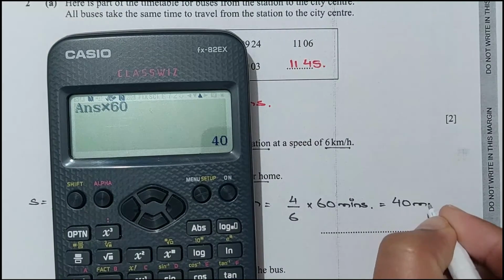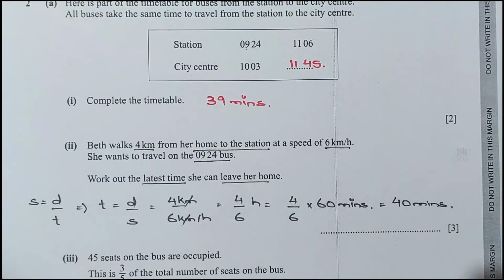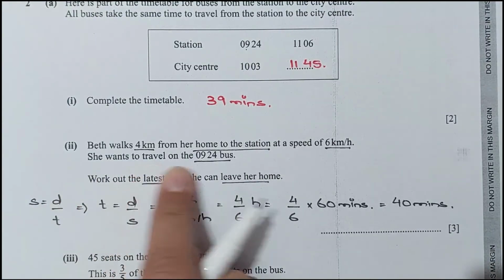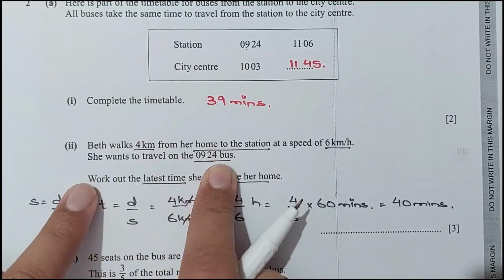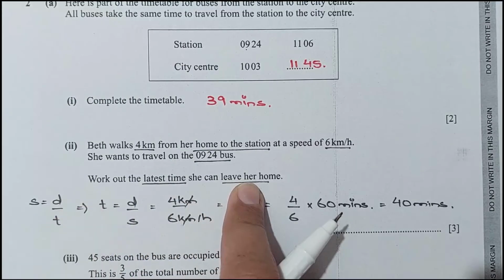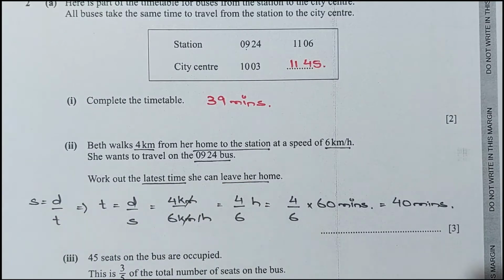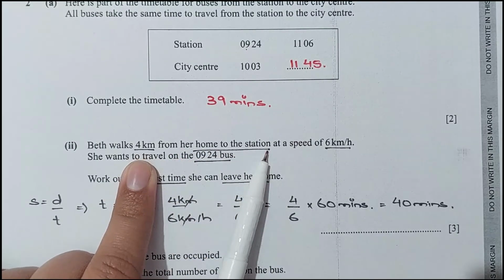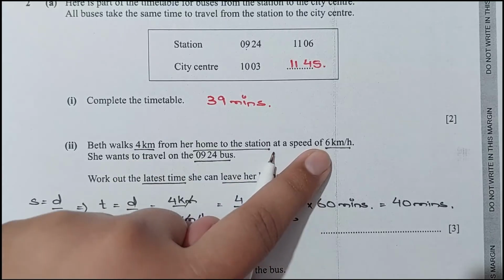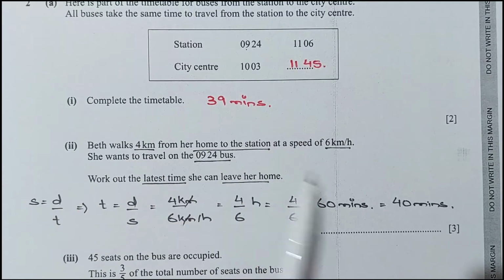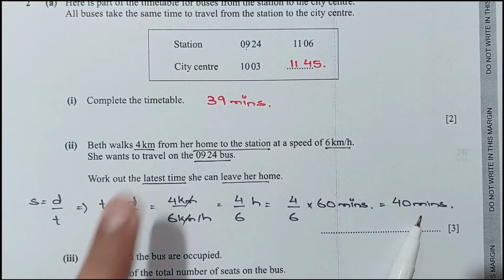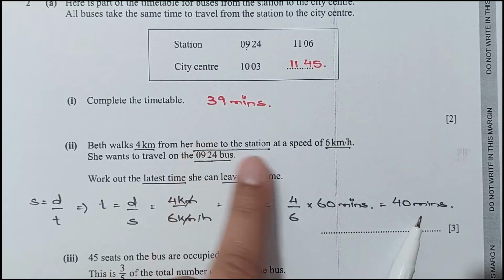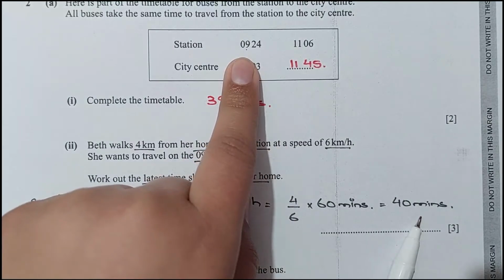So what is the answer now? She wants to travel on the 9:24 bus. Work out the latest time she leaves her home. So at what time does she have to leave? From home to station, the distance is 4 kilometers and she walks at this speed. So it will take her 40 minutes to reach the station to take this bus, right?